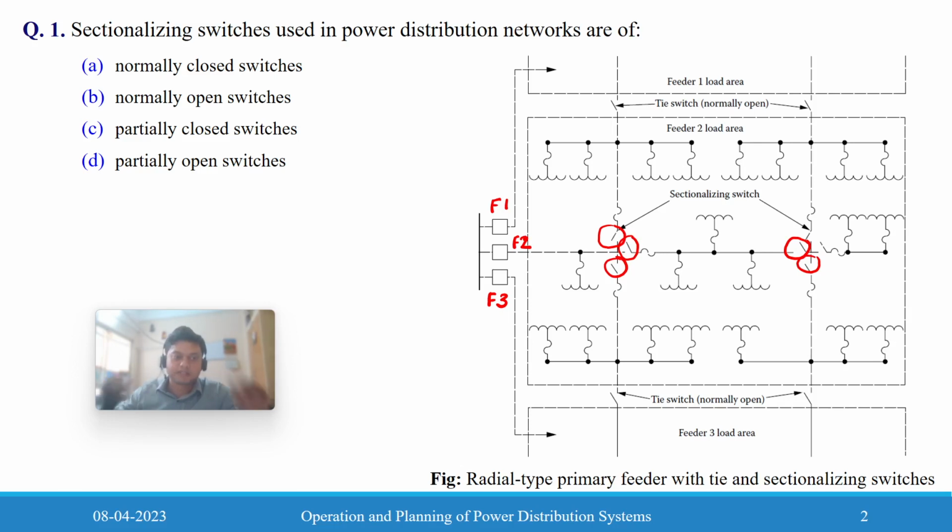So during fault conditions these switches become open, and during normal condition they are closed. In this problem, sectionalizing switches are normally closed, so option A is correct.